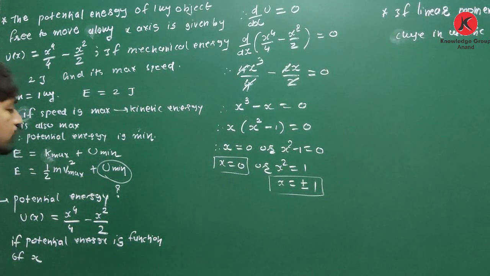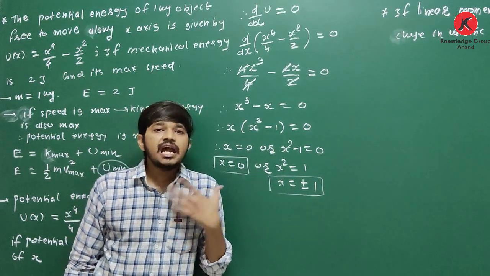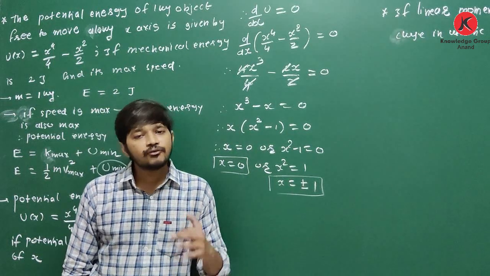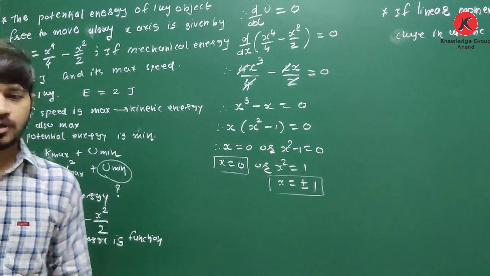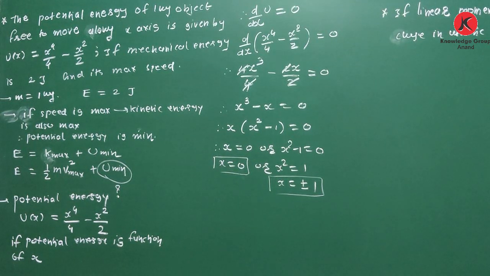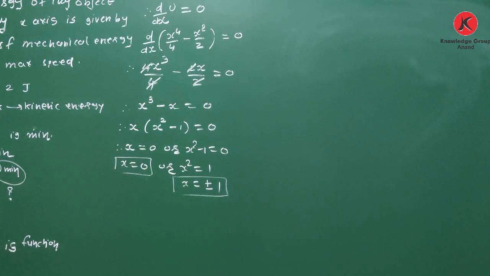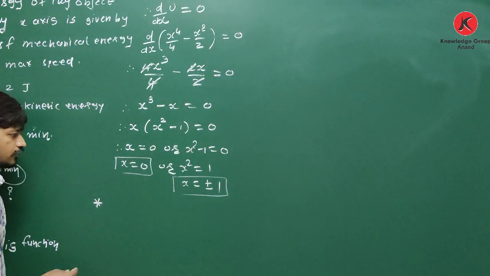Now out of these three values of x, we have to identify for which value of x the potential energy is minimum. First of all, in the equation of potential energy, I will put x is equal to 0.